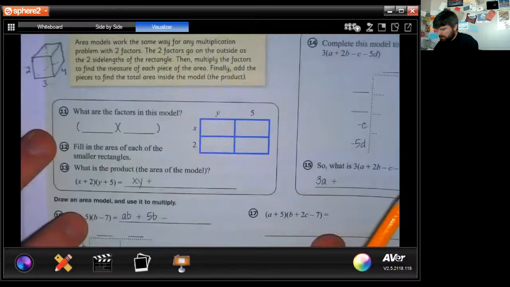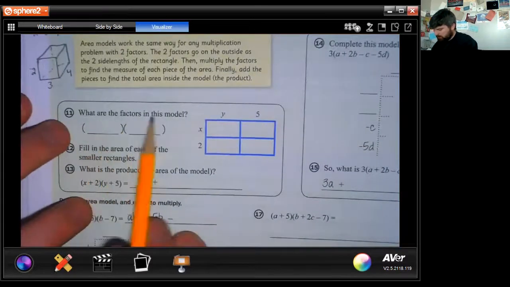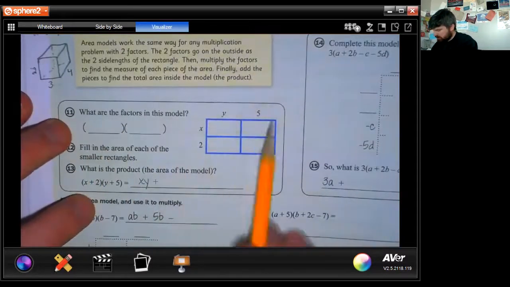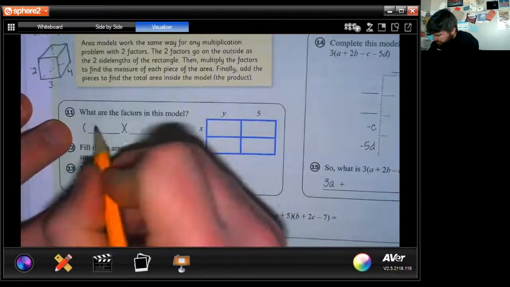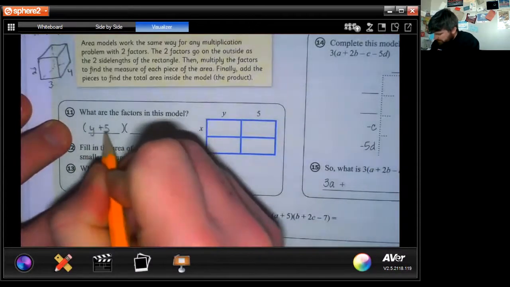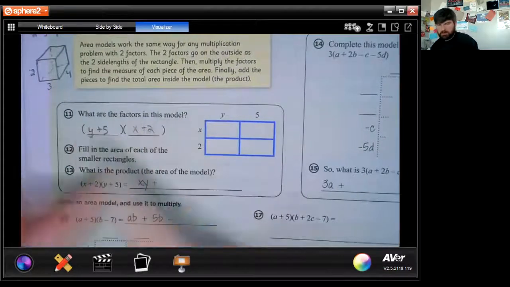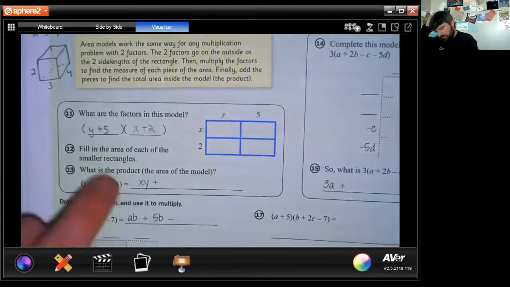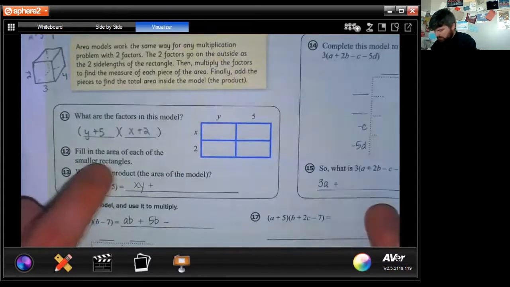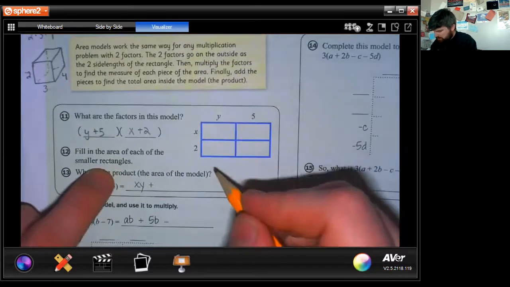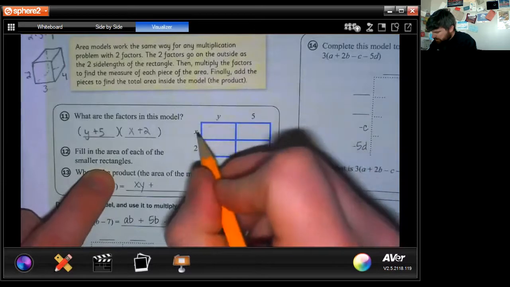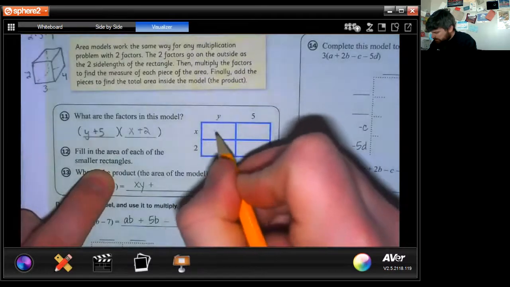Okay, number 11. What are the factors of this model? So looking at this model over here, I've got y plus 5, and I have x plus 2. And you can switch these around if you want, it doesn't matter. Fill in the area of each of the smaller rectangles. Okay, so we're going to multiply here. X times y is xy.